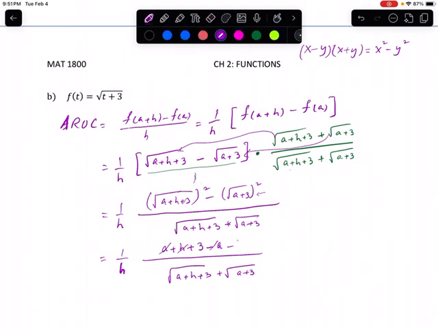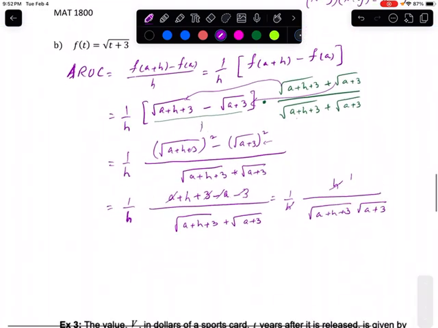This was supposed to be 3, not h. So the h will not cancel out, but the 3's will cancel out. And we will be left with 1 over h in the bottom, and then we will have an h left in the numerator, and the denominator is the same thing. Now this h and this h cancel out, we are left with 1 here.